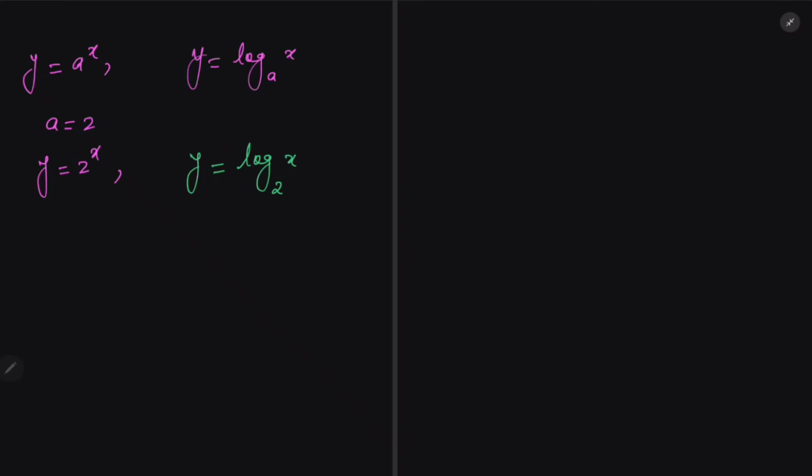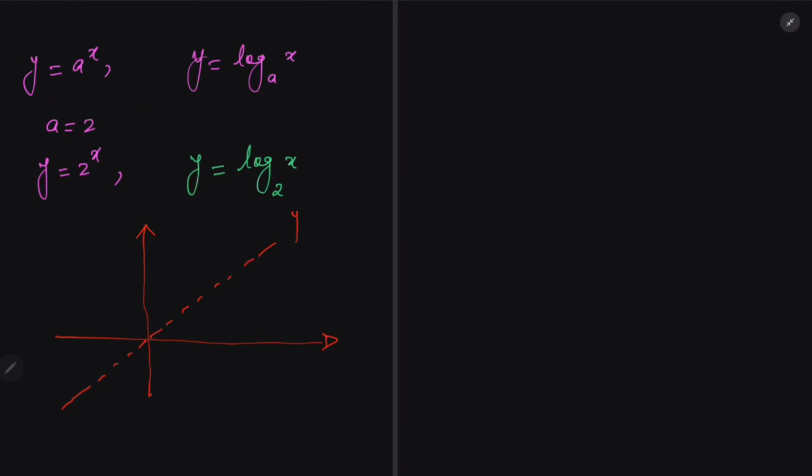If you want to see the visualization, a plot of these functions, we already discussed that these are reflections against y is equal to x. If we have y is equal to x, this is x, this is y.